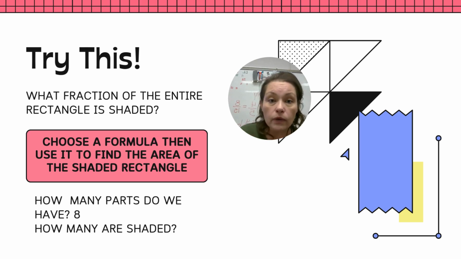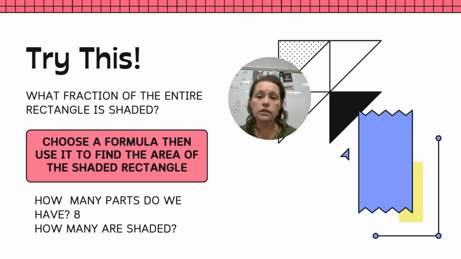So no matter what we're doing, what we're going to get there is what fraction of the entire rectangle is shaded. Choose a formula. There's not a wrong one. There's not a right one. You're not looking at your table partner and saying, we have to do this. You're going your way. At the end, our answers should match up, but that doesn't mean that the journey has to be the same to get to the same destination.